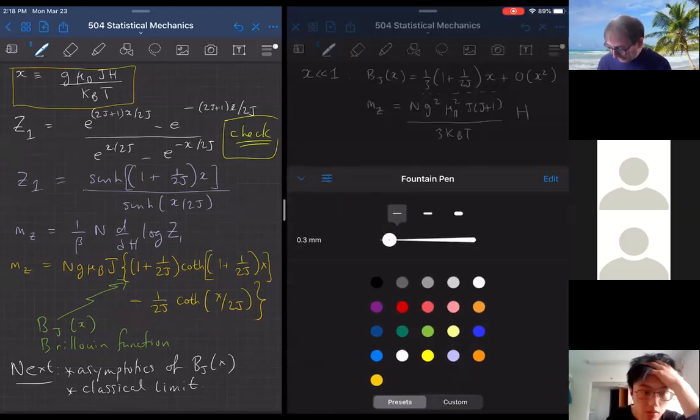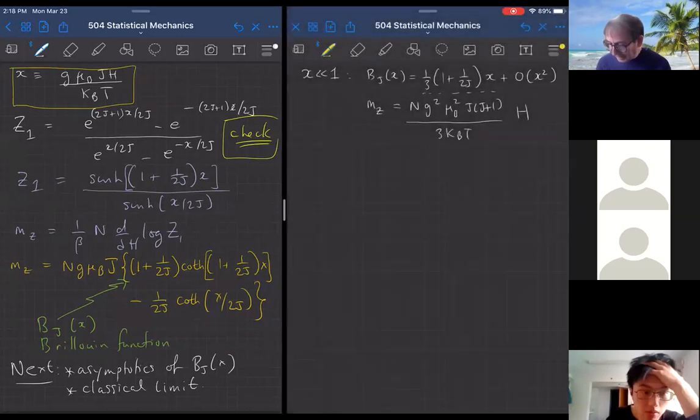And this quantity here is essentially the susceptibility.